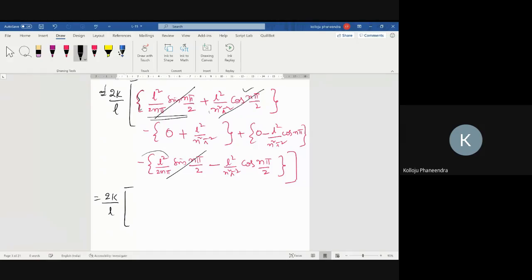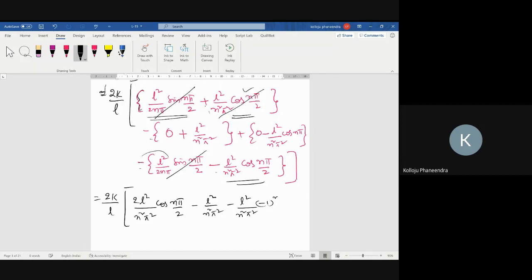Minus into minus plus, so the next terms are L square by n square pi square plus cos n pi by 2, and this is also minus into minus plus. So 2L square cos n pi by 2. One part is over. And the next one, this is minus and this is minus: L square by n square pi square minus L square by n square pi square cos n pi.